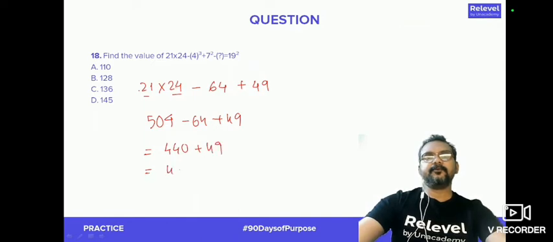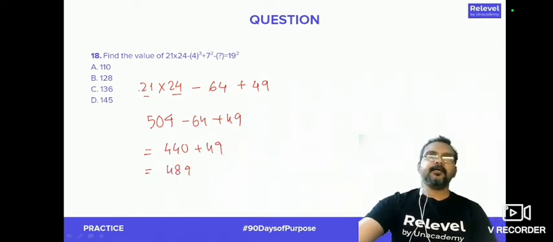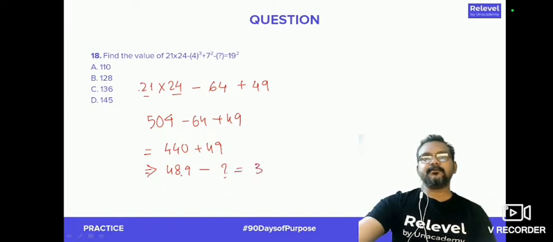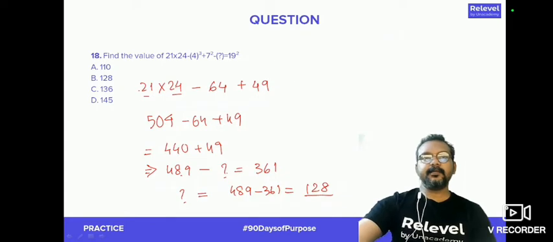That is 489. So 489 minus what? So basically that's the question. So 489 minus what would be 19 squared, which is 361. So the question mark value is 489 minus 361. So that is 128. So option B.